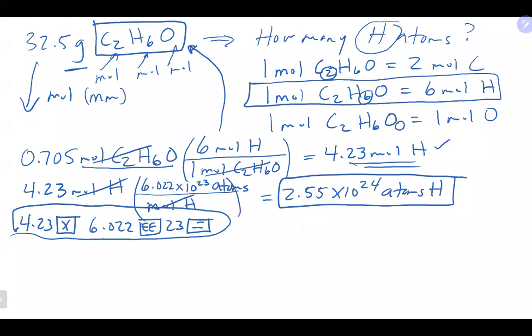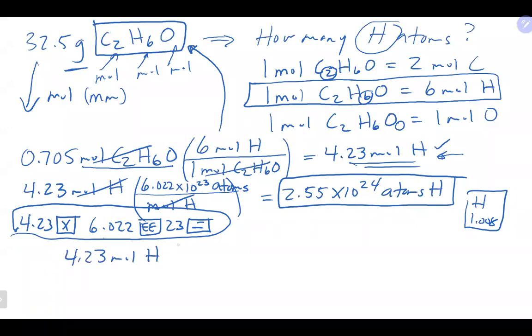All right, now if I wanted, say, not atoms, but I wanted how many grams of hydrogen it would be. At this point, if I want to know how many grams, what should I use to get me to grams? Yeah, we use the molar mass of hydrogen, which is from the periodic table, which is our 1.008, right? So you could be asked for not atoms, but maybe you did want grams.